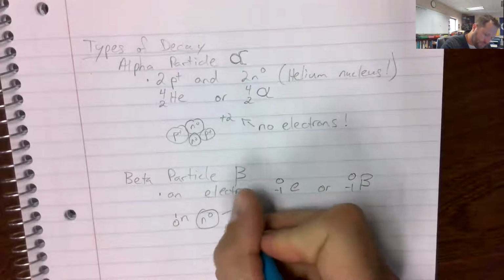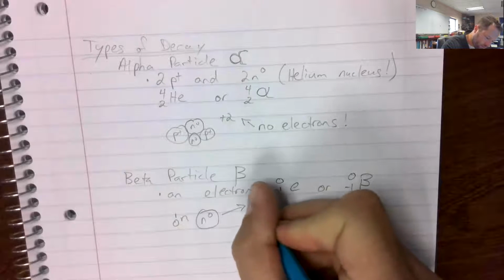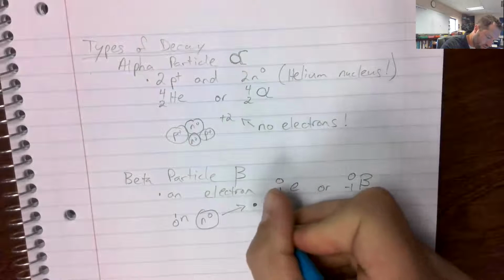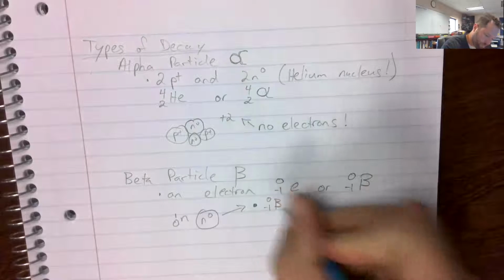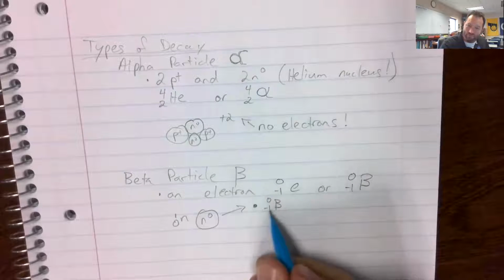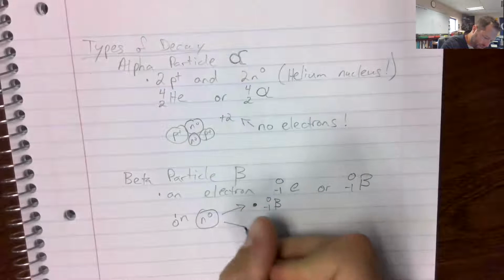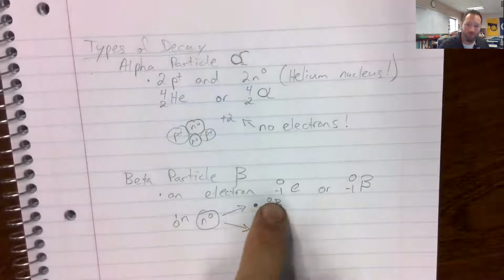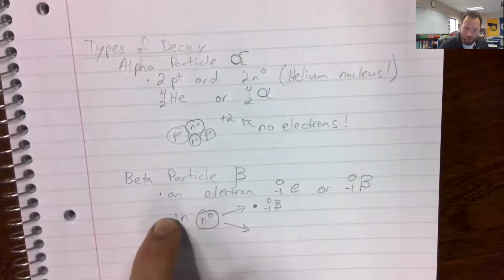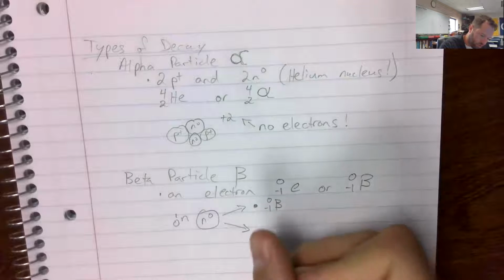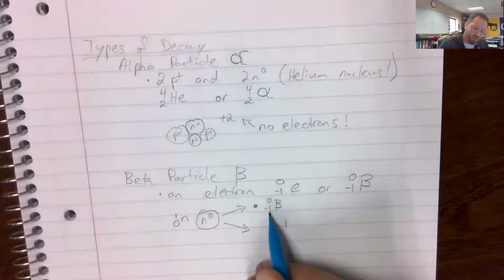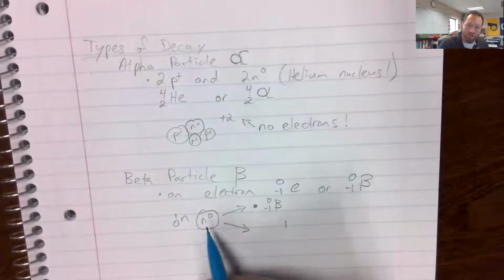So what happens in beta decay? A neutron falls apart into a beta symbol, an electron. There's our electron, and the other half of a neutron. You guys can do the math here. No mass. We had one mass. So whatever the other particle is going to have one mass. -1 plus what gets us back to 0?